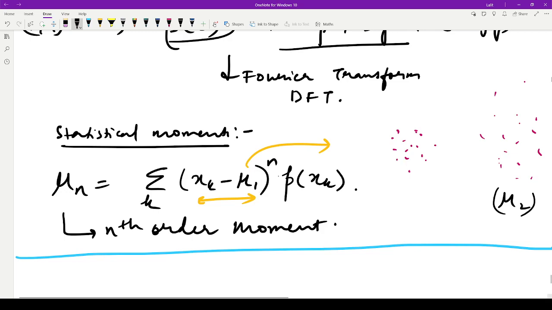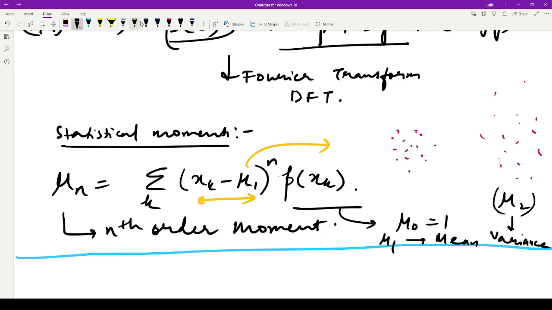So yeah, you can take zero. Zero means it should be one. The PDF should sum to one. Probability mass function rather, since it's a discrete case. The PDF should sum to one. So the mu zero should always be one. Mu one is your mean and mu two is variance. Yes, you're right. Sorry. Thanks a lot. Thanks for the correction.